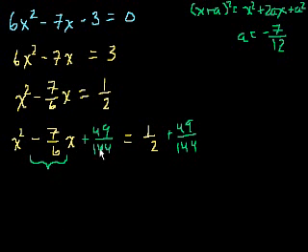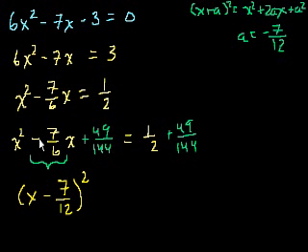And now how can I simplify this left-hand side? What's our next step? Well, we now know it is a perfect square. In fact, we know what a is. a is minus 7/12. And so we know that this left-hand side of this equation is x minus a, or x plus a, but a is a negative number. So x plus a, and a is negative, squared.